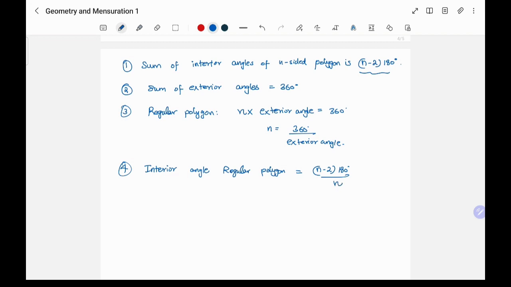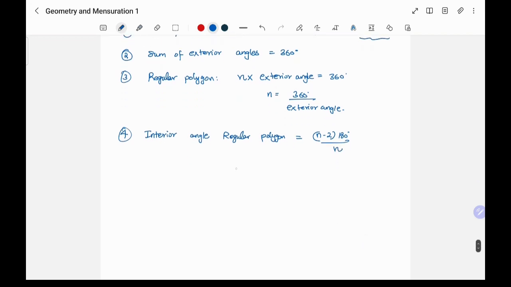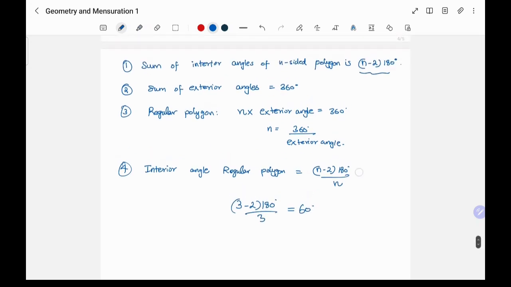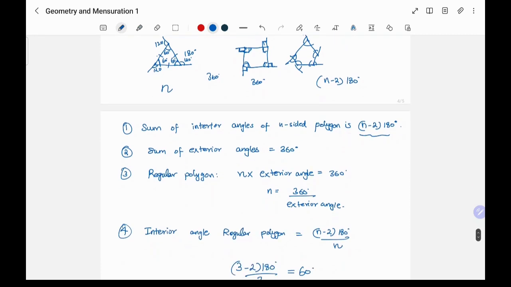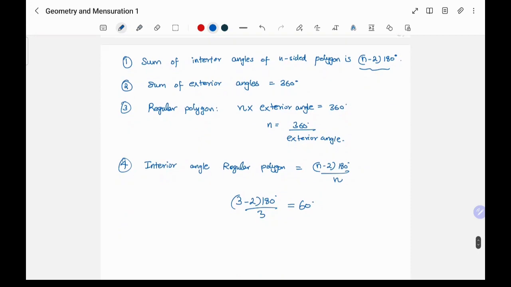So this will give you the interior angle. For example, for triangle it is (3 minus 2) into 180 by 3. So each will be equal to 60 degrees. That's why I have written 60 degrees. So this is a regular polygon with 3 sides, which is a triangle, and it has a special name. We'll see that in the next lecture. Thank you.